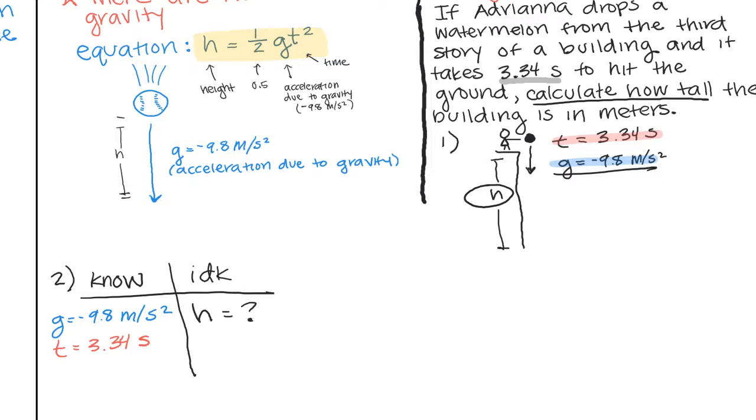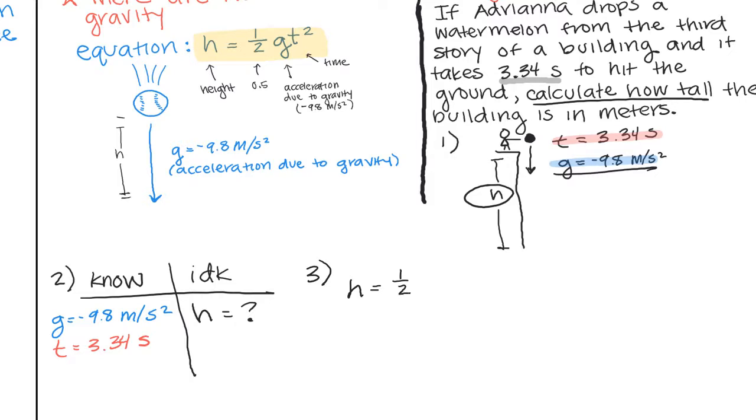So that is our step number 2. We are going to move on to step number 3 in solving physics word problems. Step number 3 involves setting up our equation. So we're going to use our free fall equation highlighted up there in yellow. So I'm going to rewrite our equation.